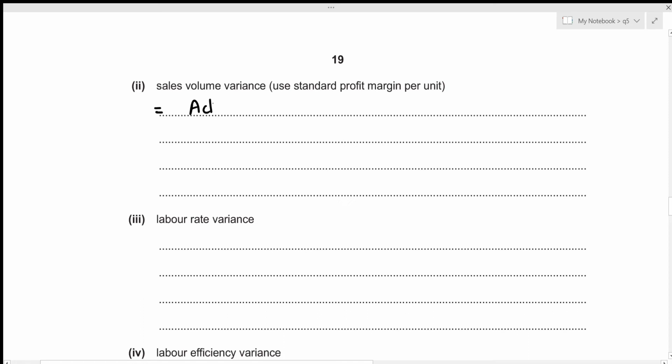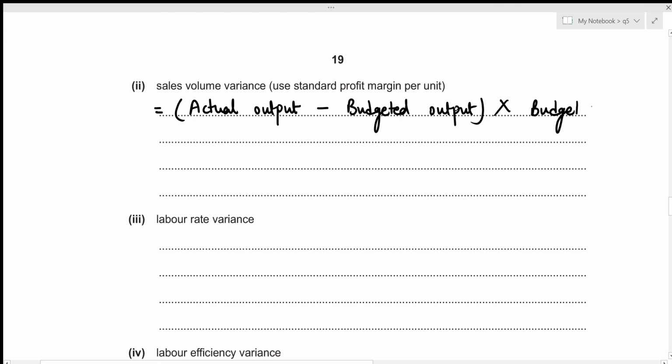So we will be putting our actual output and then subtracting the budgeted output from this. Okay, and we will be using the standard profit margin. So that would just be our budgeted profit per unit.